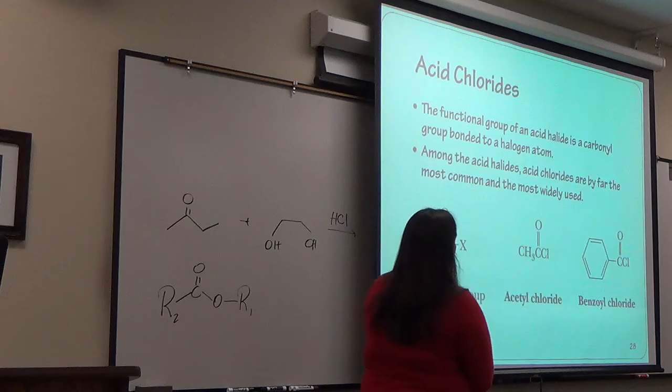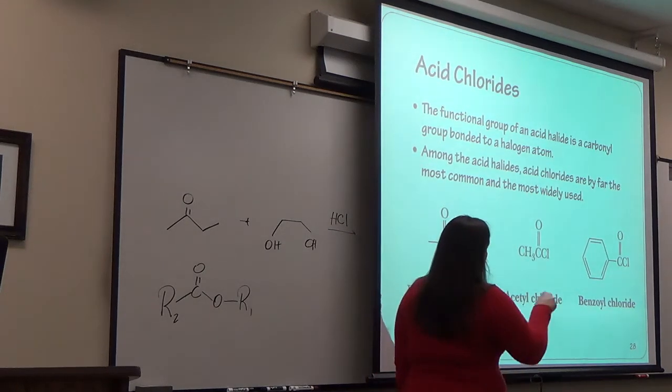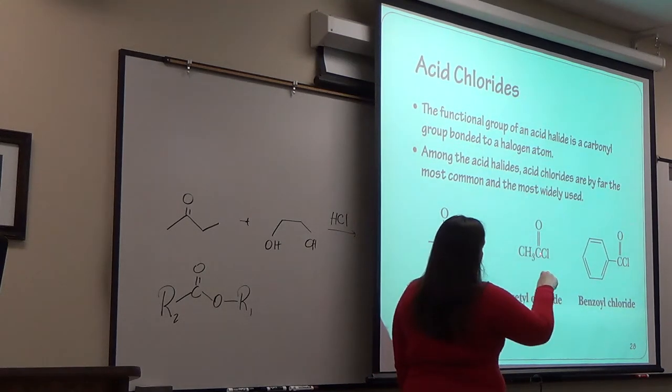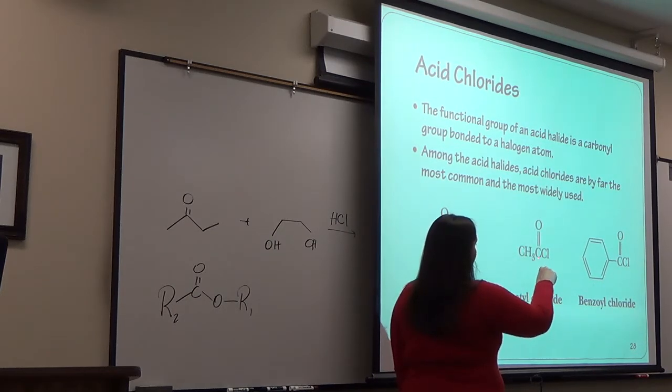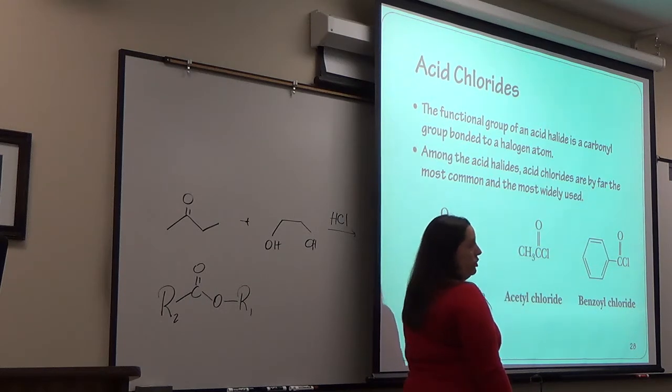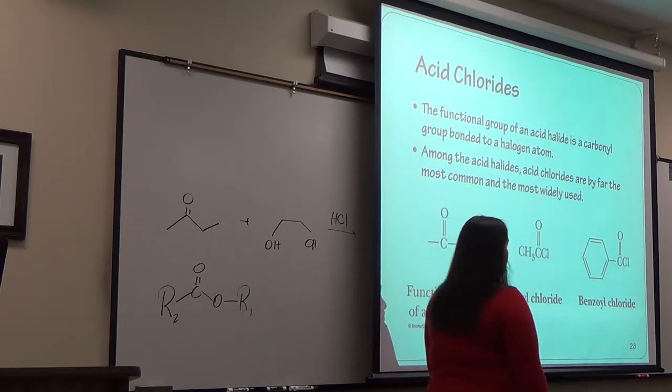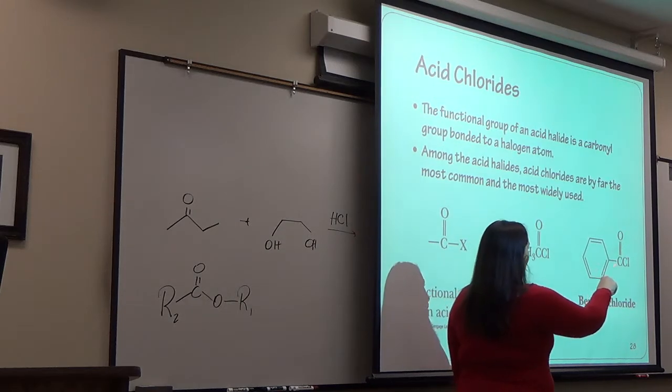And so for naming, what you use is the name of the acid. So this would be called acetic acid, 2 carbons. Then what you do is you make that a substituent name, so acetyl, and then you add in chloride for the chlorine, so acetyl chloride. This could be phenyl chloride, but the problem is there's a carbon out here.